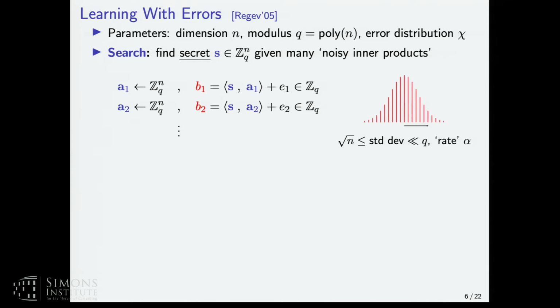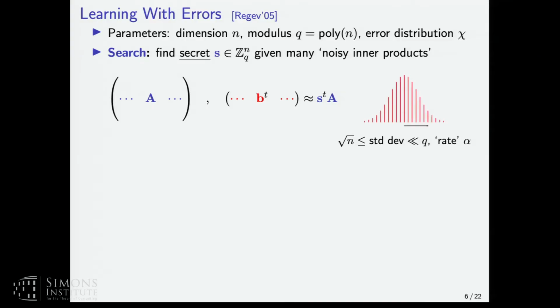Again, the problem is, given these AI-BI pairs with noise in the BIs, to find the secret S. Let's first write it a little more concisely.